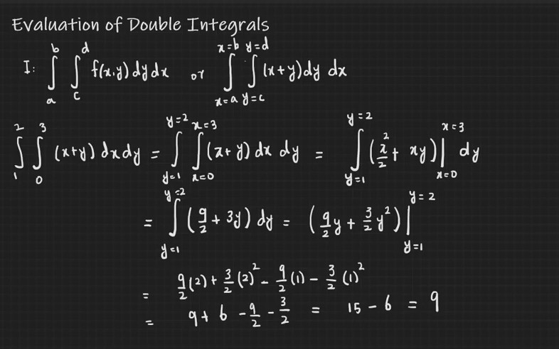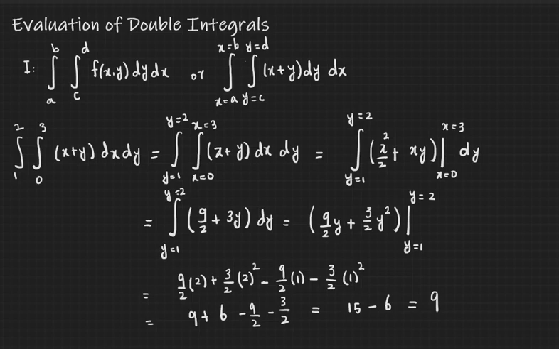Means that integration of the function x plus y from 0 to 3 with respect to x, and then with respect to y from 1 to 2 is equal to 9. So this is how we evaluate the double integration with the constant limits of integration.